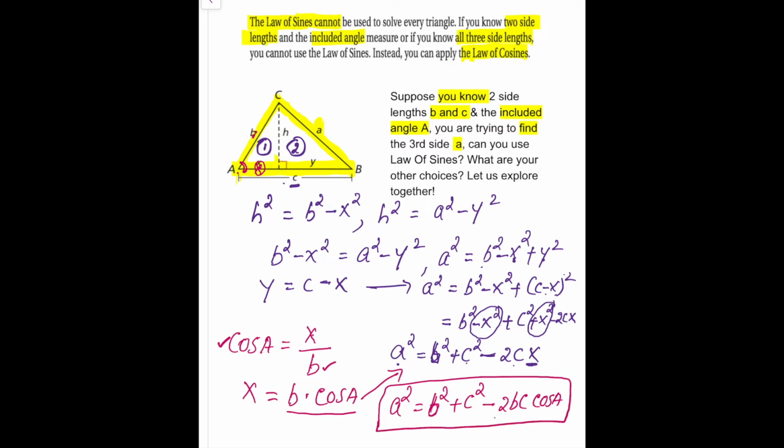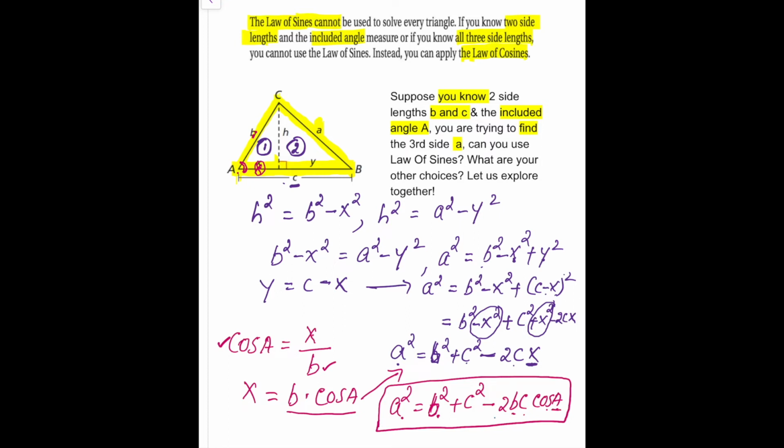So let's look at this closely. The unknown side A squared is equal to the sum of the squares of the other two sides minus 2 times the product of the known sides times the cosine of the included angle.